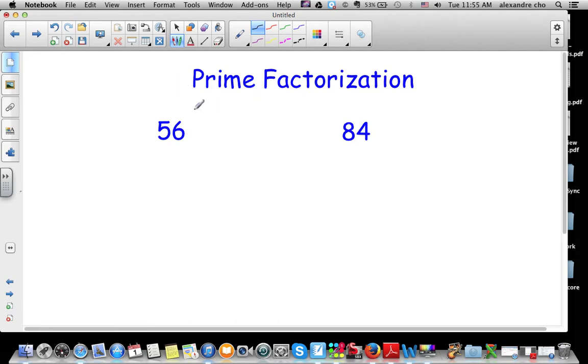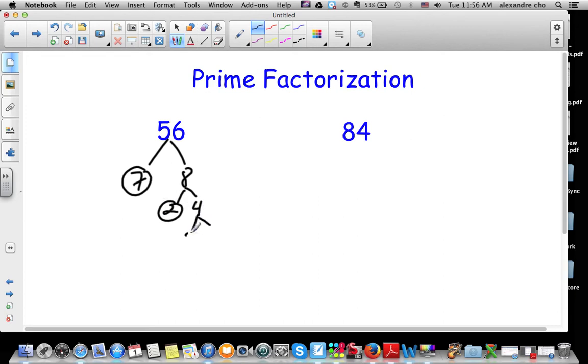Prime factorization. Okay, prime factorization, we want to write 56 as a product of prime numbers. Okay, so the first thing, hopefully you remember this. Let's break these up. 56, you can use 7 and 8. We're going to circle the 7 because 7 is a prime number. The 8, you can use 2 and 4. 2 you circle because it's a prime number.